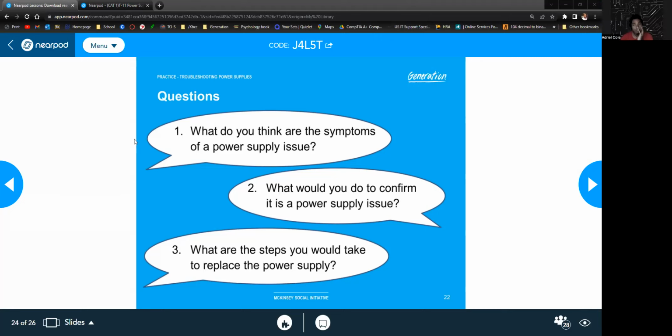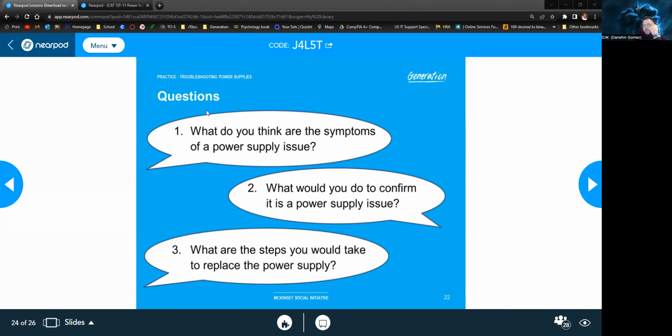Yeah. Does anyone know how we can confirm power supply issues? What's one method? Just a tester. A PSU tester is one way. Perfect. What about another method? This is kind of a method for almost any component that you think might be having an issue.